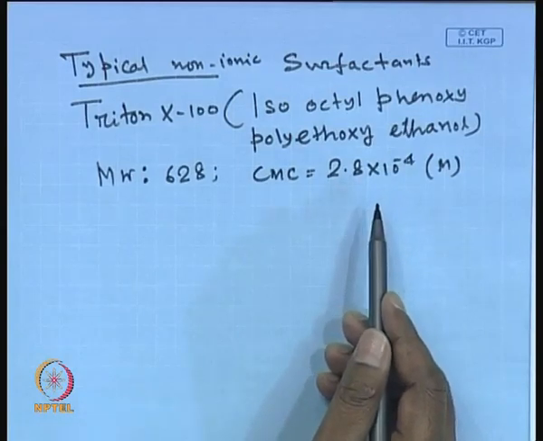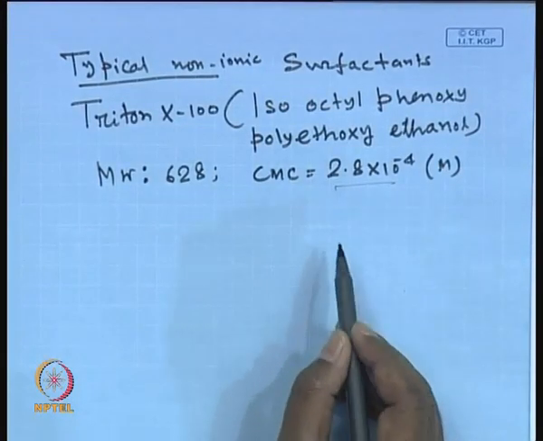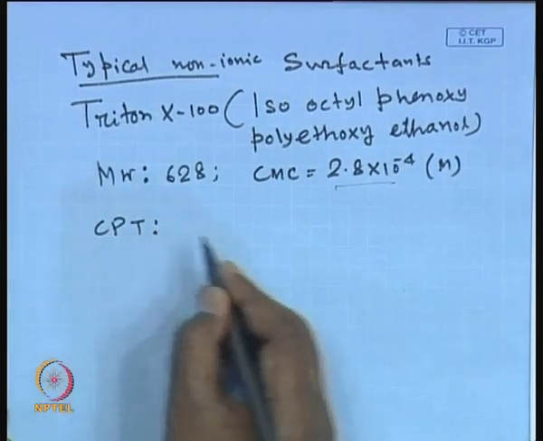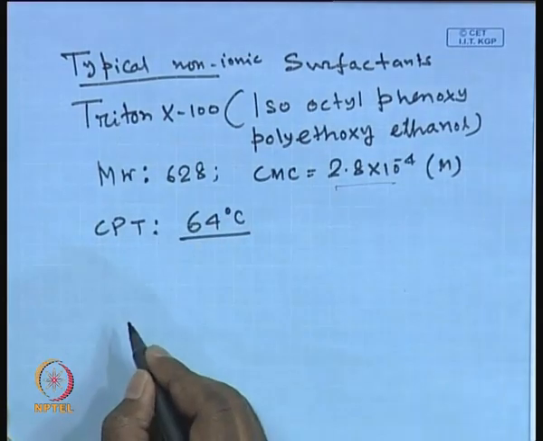If its concentration goes beyond this value, they form micelles. So, spherical surfactant micelles will be formed, and the cloud point temperature for this surfactant is 64 degrees centigrade.